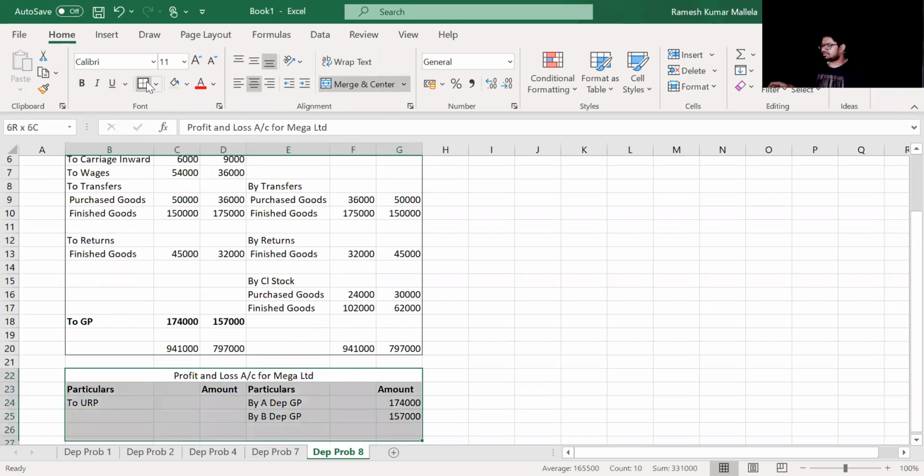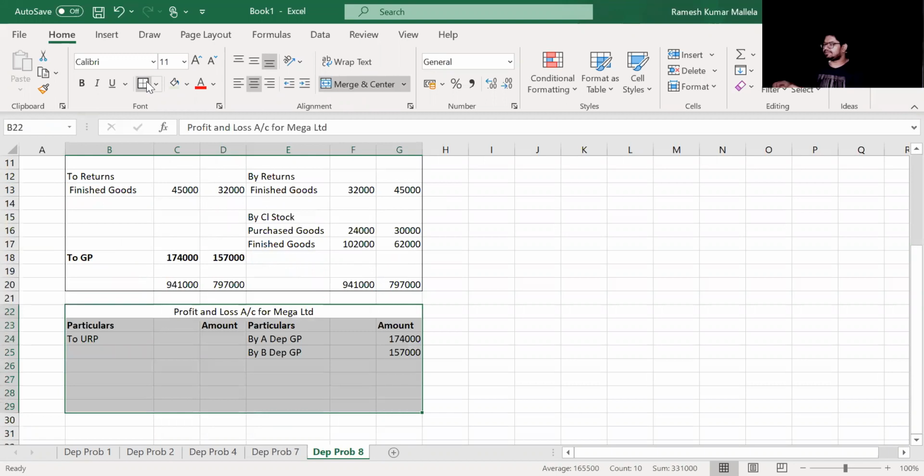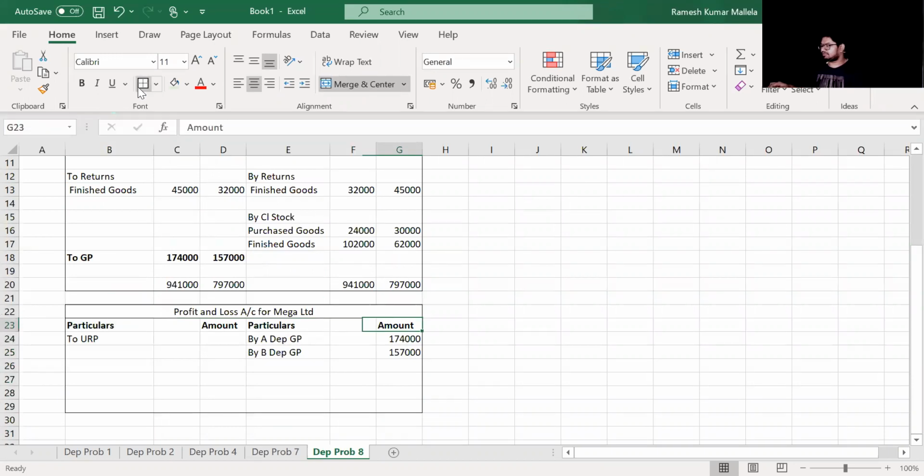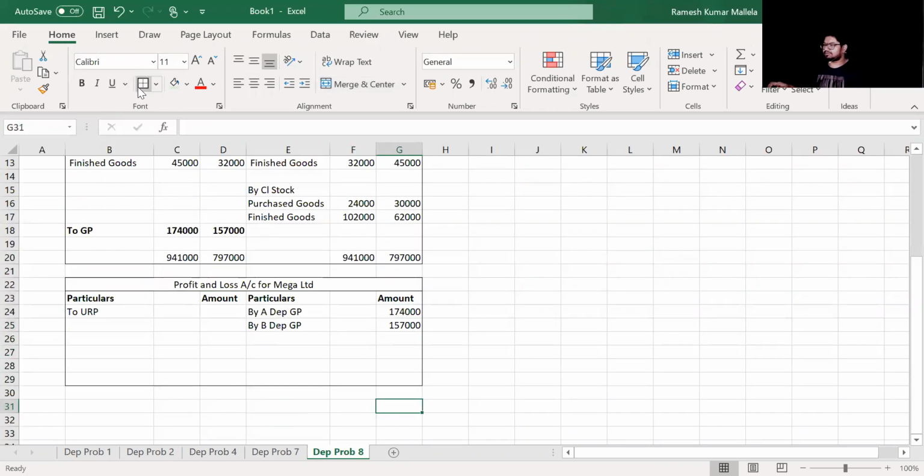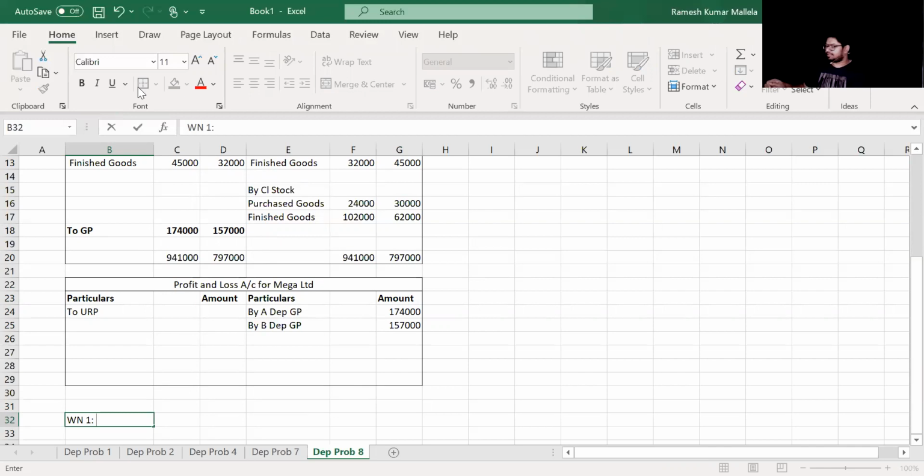Okay. So I'll leave some 5-6 lines space for this. Now let me come down. Working note 1. Calculation of gross profit percentage in the current year.